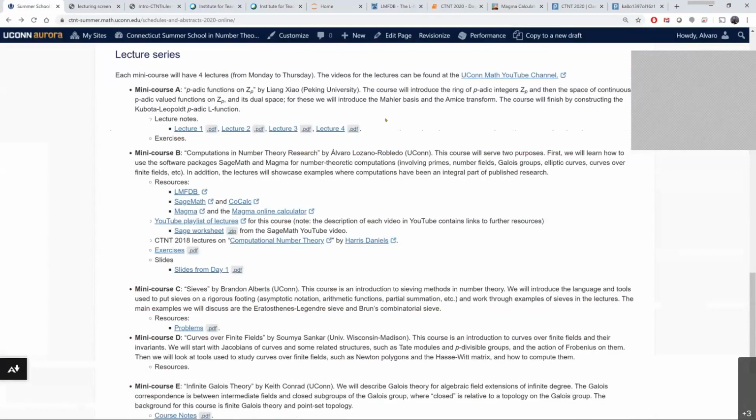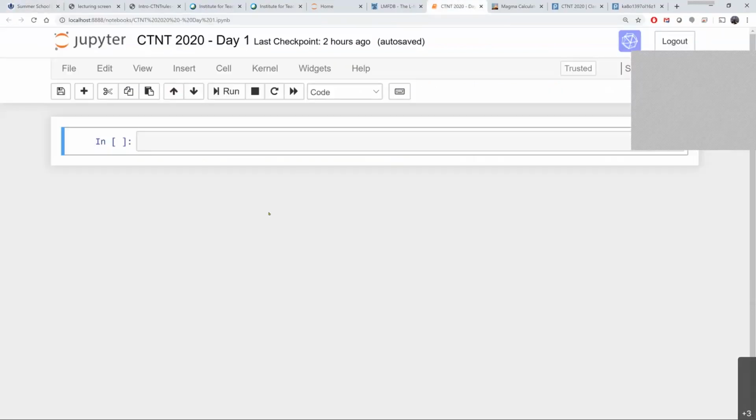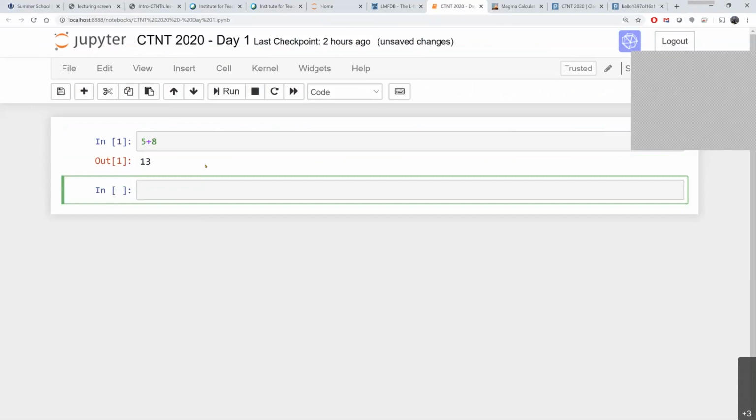So you can use Sage worksheets there in CoCalc, and there's a link right here. You can also install it. I have a local version of Sage here, so I can do very complex arithmetic in the comfort of my computer, and then I can save these sheets on the computer, which you can also do in CoCalc if you have an account.